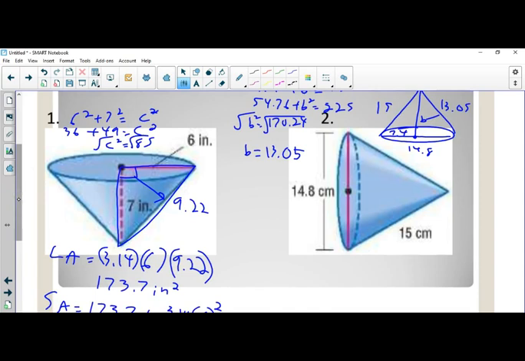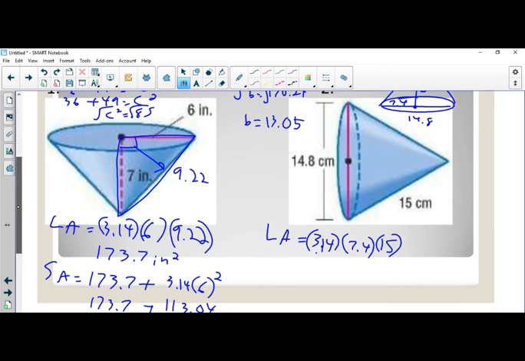So our lateral area is going to be pi times radius, which we said was 7.4, times the slant height, which was 15.